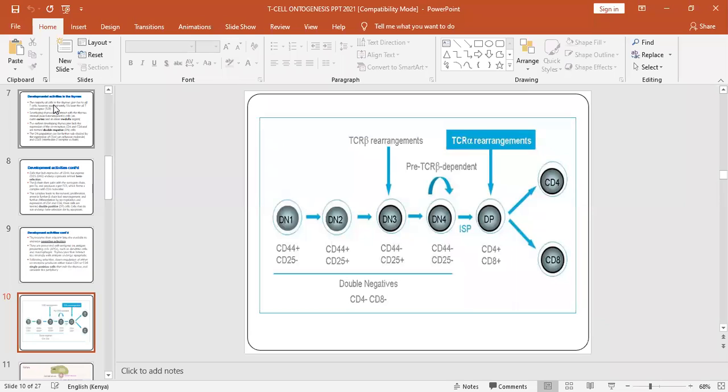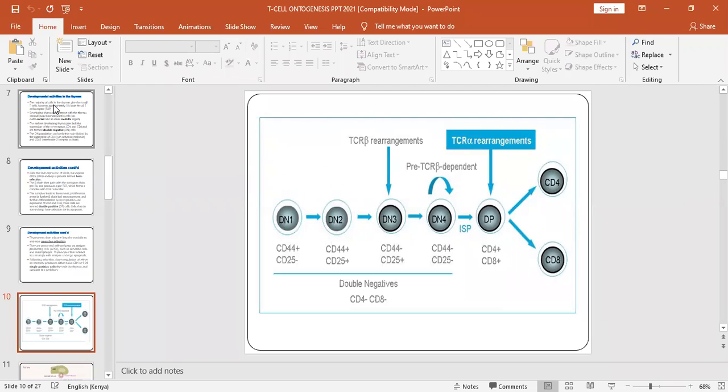Remember, the work of this interleukin is to activate further development of these cells. I think you remember, or you will learn later, that T cells can produce the interleukin 2 cytokine, which can act on the same cell to activate it to perform certain functions, and we call this the autocrine nature of cytokines. Now in double negative 3, the CD44 is already lost, but the CD25 is retained.